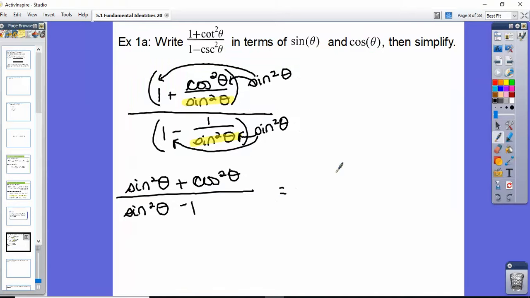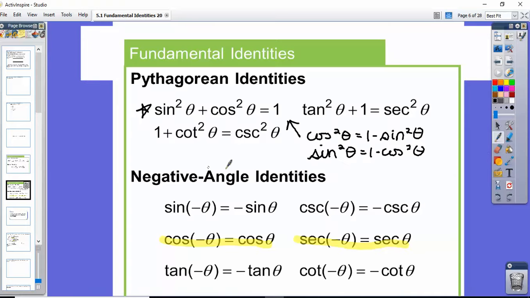So if you have an identity, you can replace it with what it's equal to. So I can change that to a 1. Sine squared minus 1. That wasn't straight from an identity.